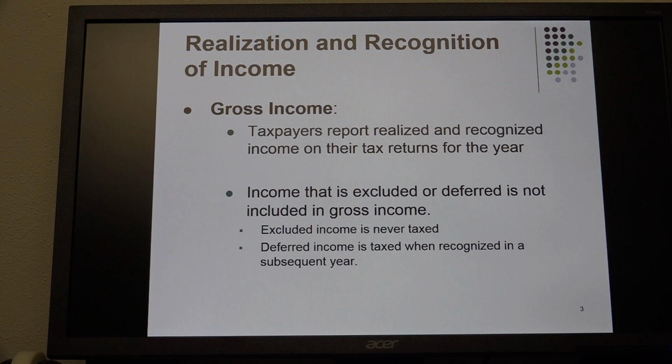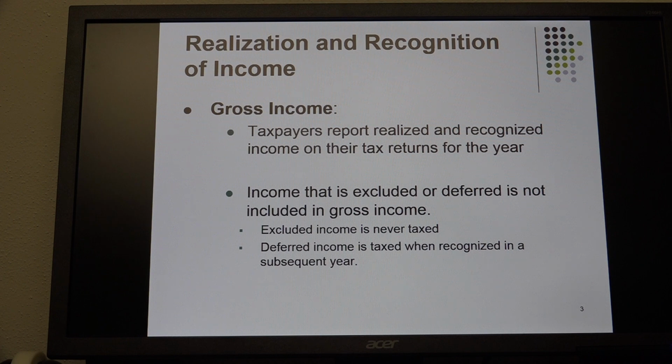You recognize that income. Not only do you realize it, but you recognize that income unless some specific provision in the Internal Revenue Code excludes that income. Okay?